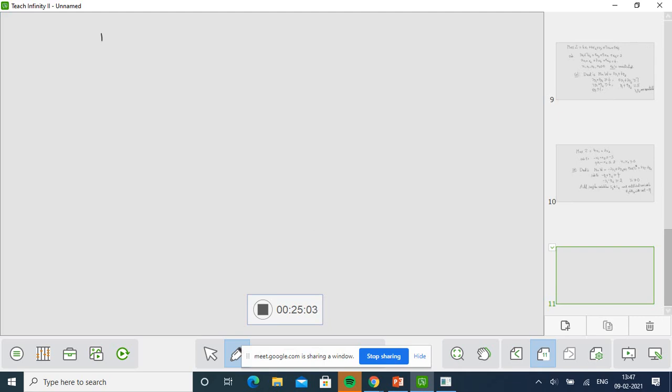Once I do this, my problem will now become maximize z star equal to minus 3y1 plus 2y2 plus 0s1 plus 0s2 minus M r1 minus M r2, and I will have my constraints as minus y1 plus y2 minus s1 plus r1 equal to 4.